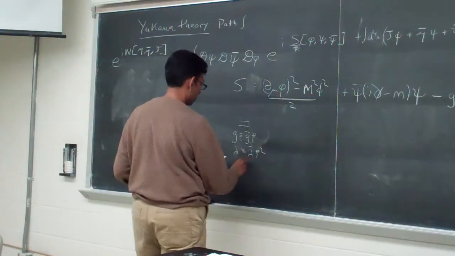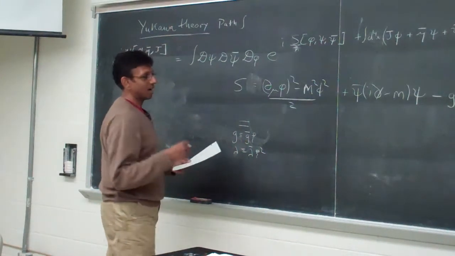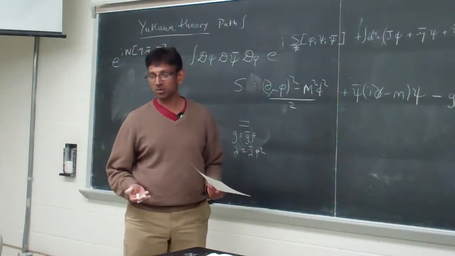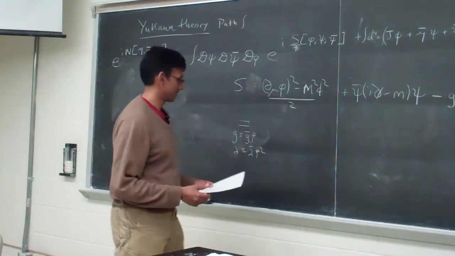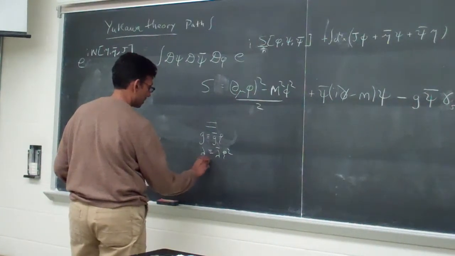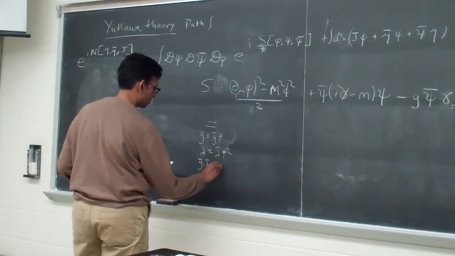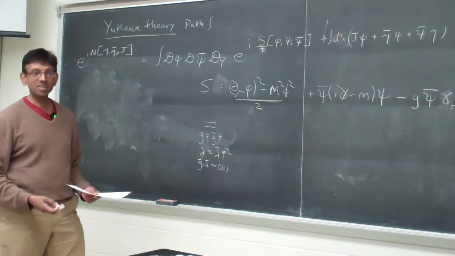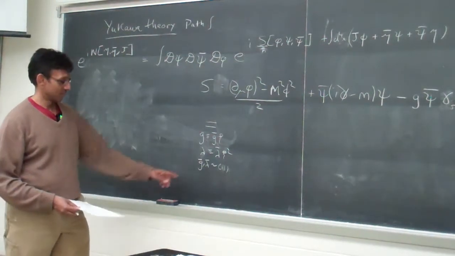Of course, I insist that we're doing perturbation theory in this course, so G and lambda are parametrically smaller than 1. But I'm going to take G bar and lambda bar to be parametrically order 1. If you want them to be small, all the better, but you can take them to be order 1.